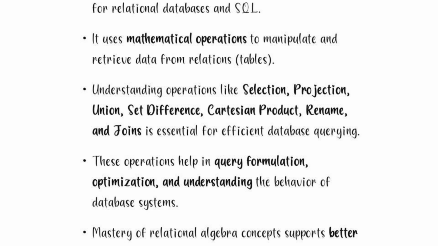There are several types of joins: theta join, equijoin, natural join, outer joins, left outer join, right outer join, full outer join. Let's focus on the first three, which are most commonly used. Joins are vital when dealing with normalized databases, where data is split across tables to reduce redundancy. Let's begin with the theta join.